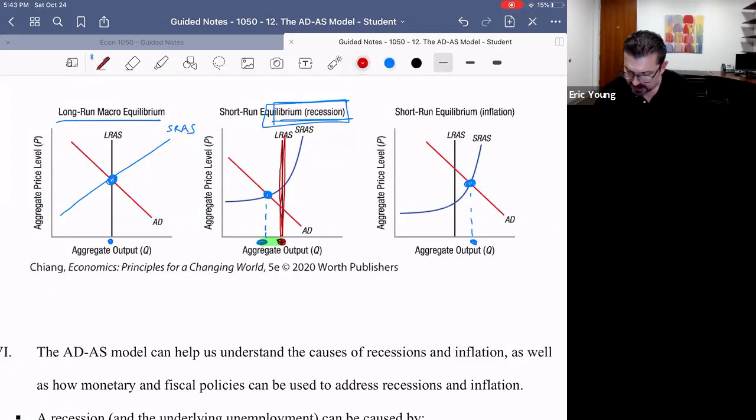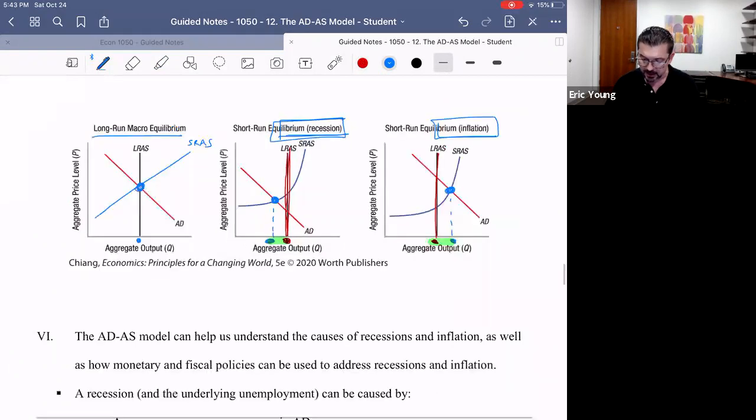And it's very obvious, if you see that you have your LRAS here, that the economy's actual output in blue is in excess of its potential output in red. That gap here, because the economy is producing too much, would be an inflationary gap.